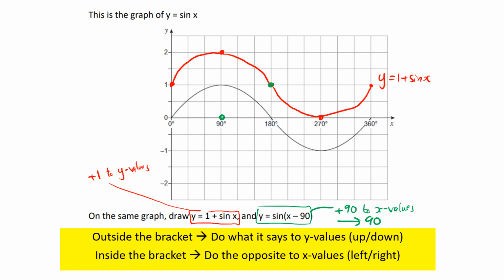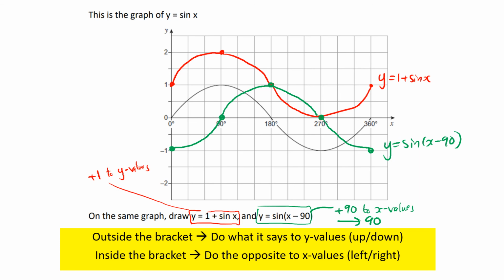Our point here would move across as well. So it looks quite similar to start with, and then our point here would move across. So we'll have, once we've moved it, a graph looking like that. And I think you've got to fill in the entire graph so we know it's going to just keep sort of oscillating downwards. So that's our sine of (x minus 90).